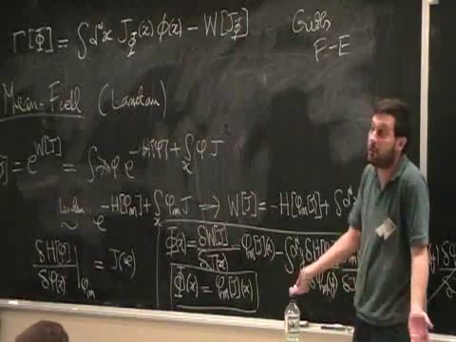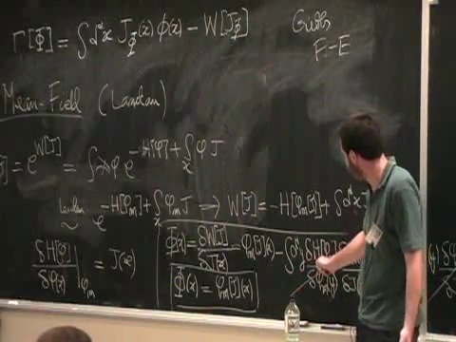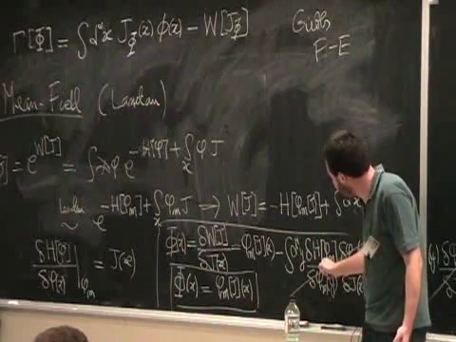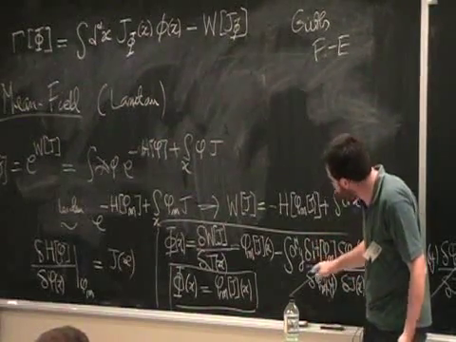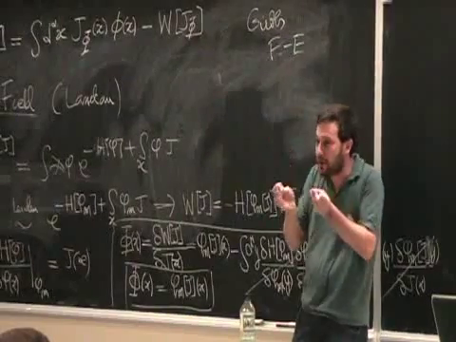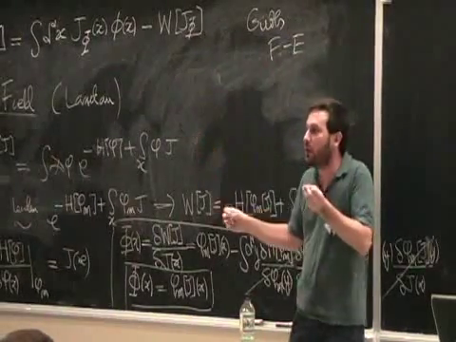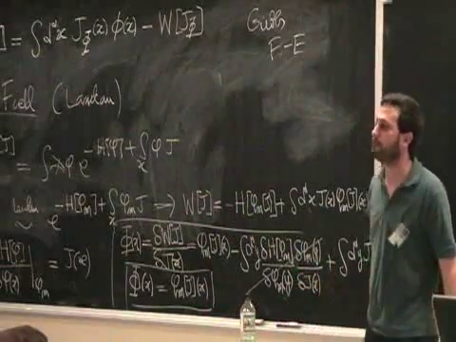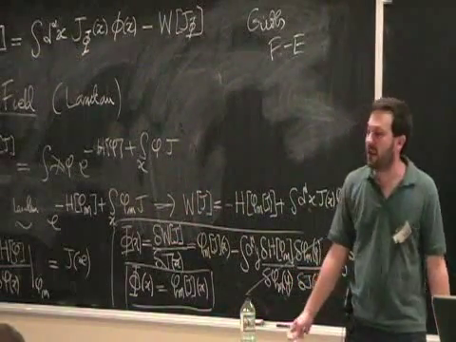Because this is a functional of h, which can be seen as a function of the value of the function in all points. So when you take the chain rule, you must include all points. Yeah. Not just at one point. No, of course.